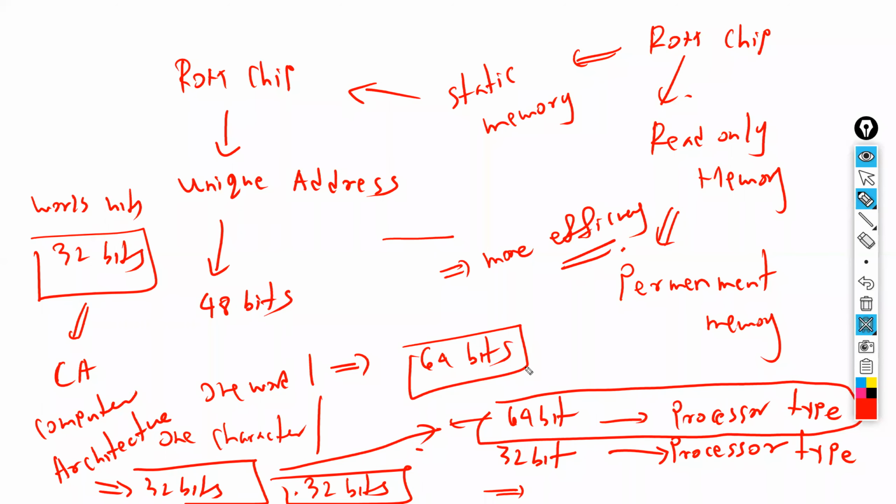But if you have a 32-bit processor and you try to install 64-bit software, you can't, because the architecture is different. The structure is different. The capacity or efficiency is different. So that is what we mean by the 32-bit operating system and the 64-bit operating system, or the 32-bit processor type or the 64-bit processor type. Got it?